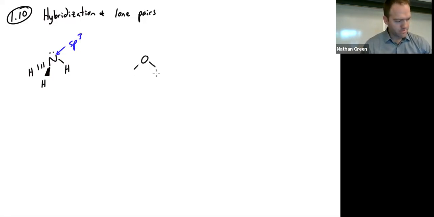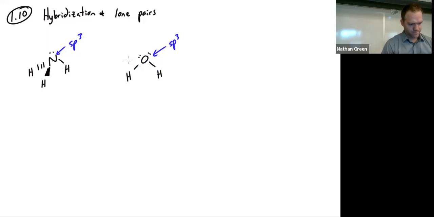How about water? How many electron domains around that oxygen? 4. What's the hybridization of that oxygen? sp3 hybridized. 1, 2, 3, 4 electron domains, sp3 hybridized. Lone pairs count.